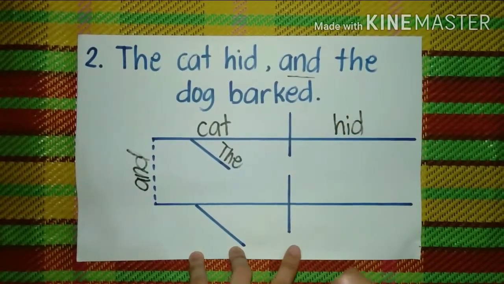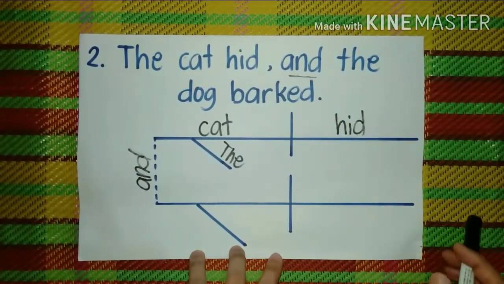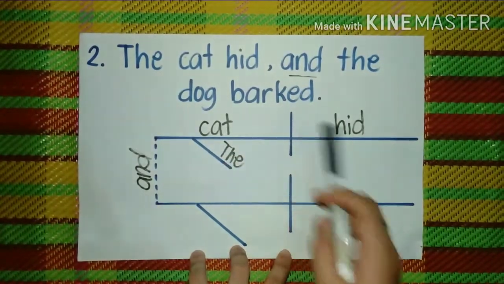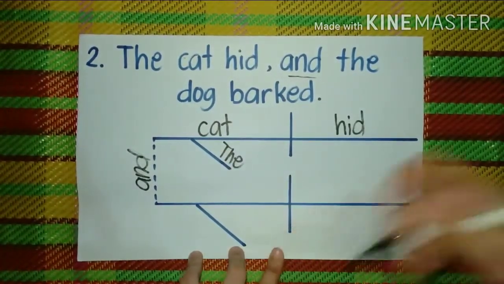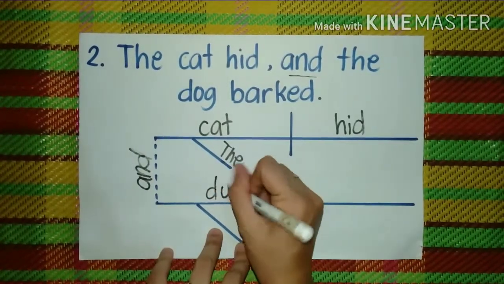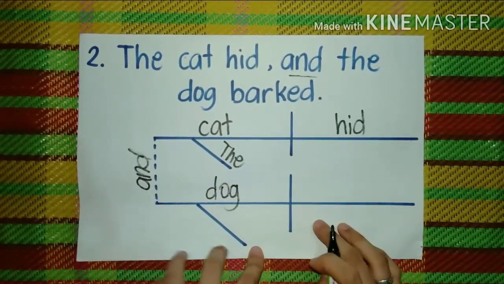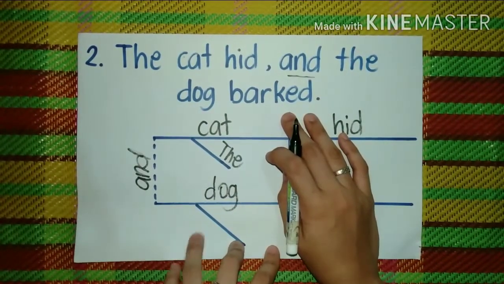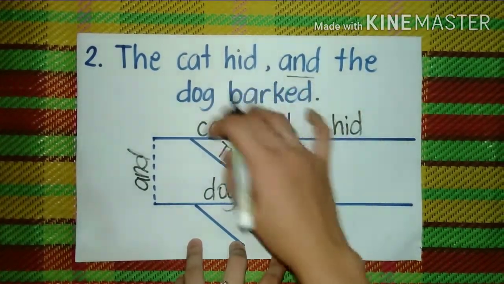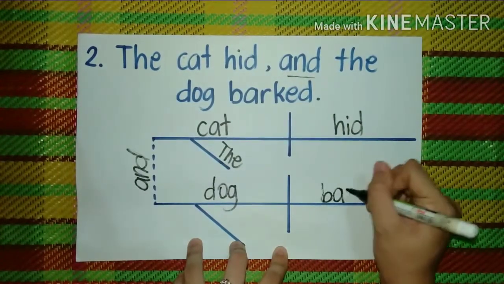Then identify the subject of the second idea. The dog barked. This idea talks about the dog. That's why the dog will be your subject. Write it here. And the predicate or the verb in this idea is the word barked. So write it in this part.